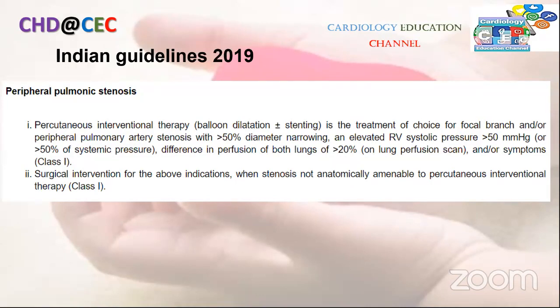But it was found that free pulmonary regurg after transannular patch with tetralogy of Fallot is actually very well tolerated for years. It does make the post-operative course more difficult, but in the long term it is very well tolerated.